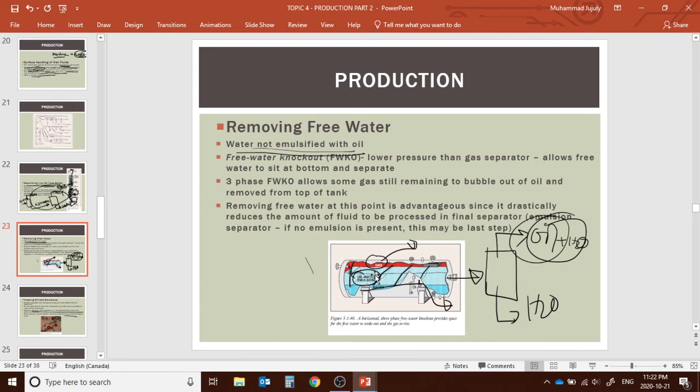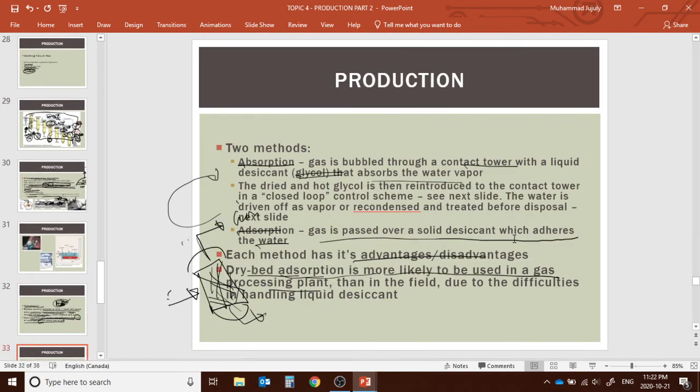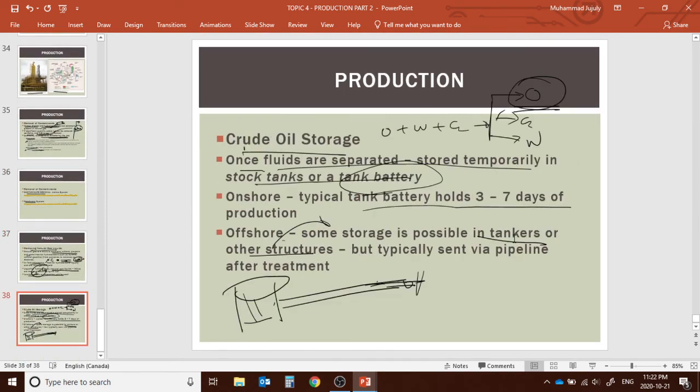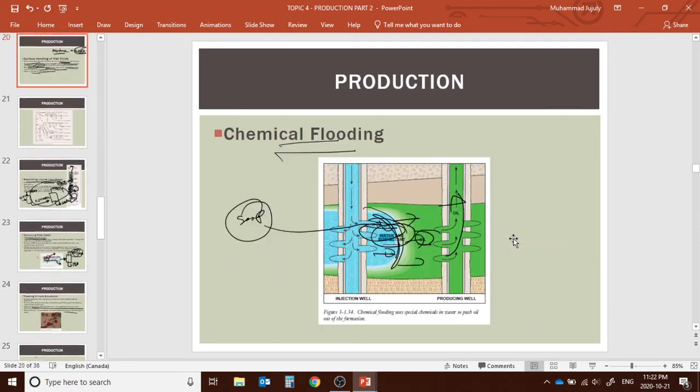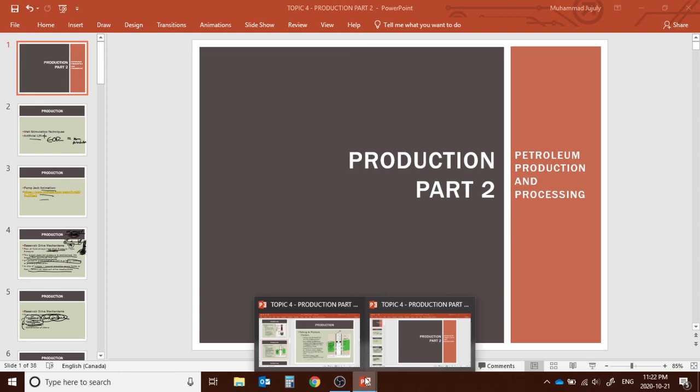And after we get the reservoir fluids to the surface, how we treat these reservoir fluids. We have discussed quite a bit, and hopefully you have no other confusion on this.